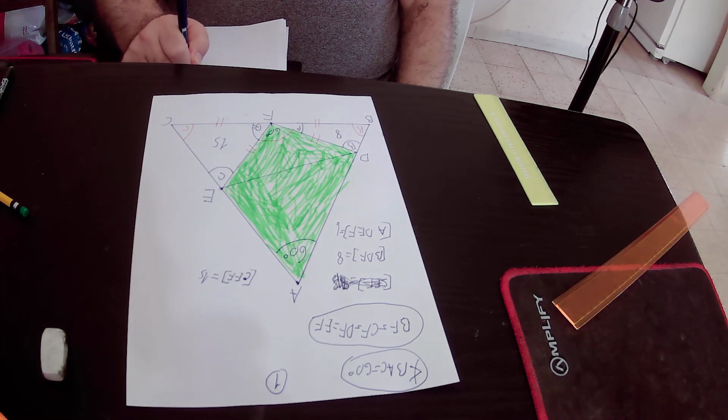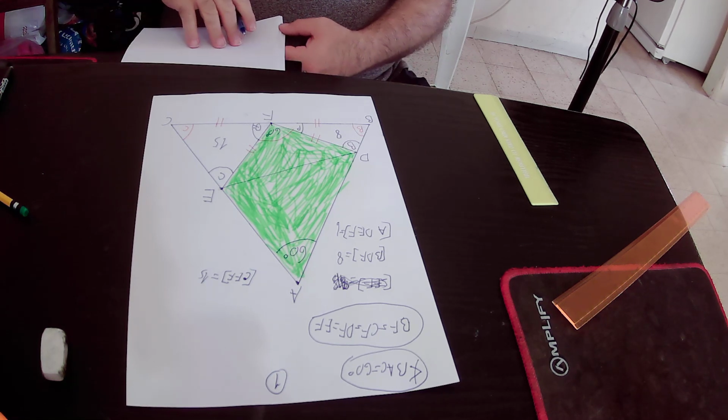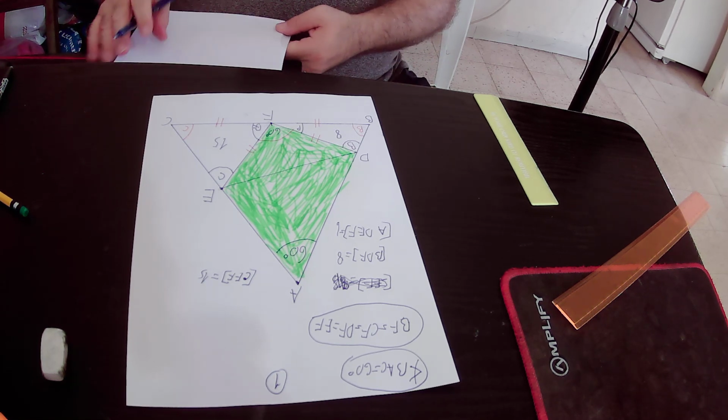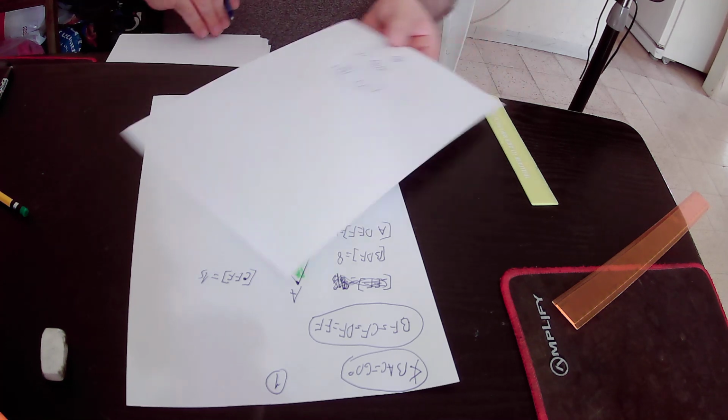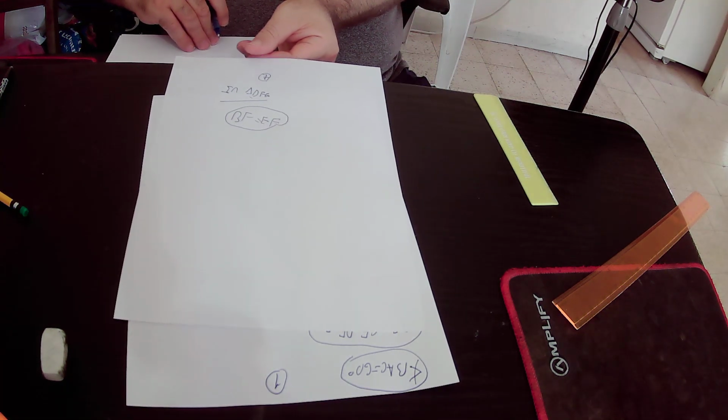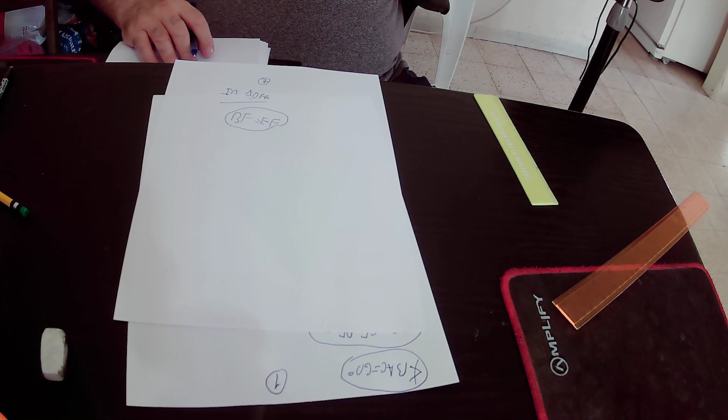It is given to us in the question. Again, in triangle DFE, we know that side BF of the triangle is equal to side EF.